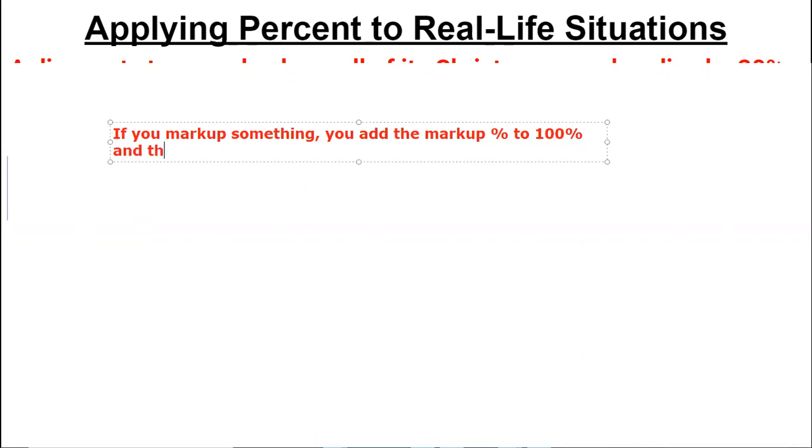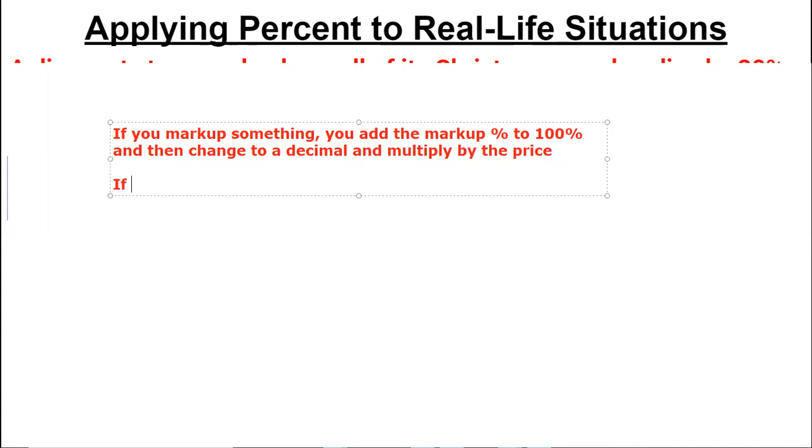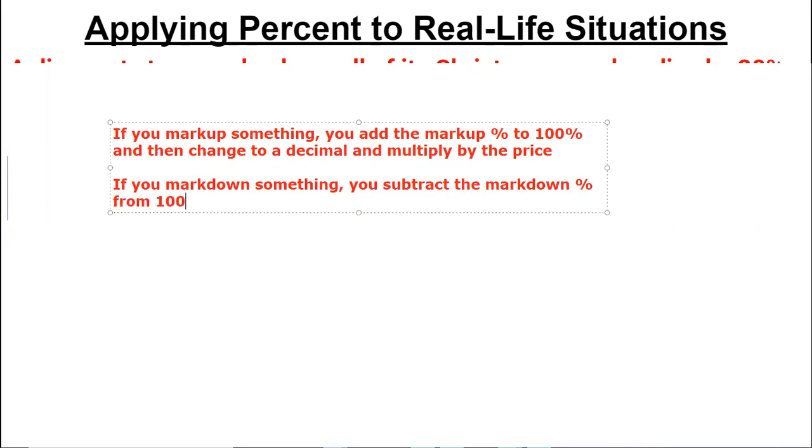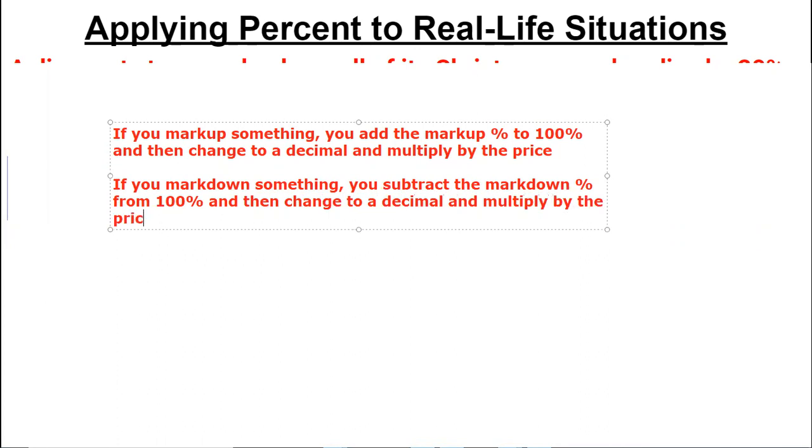Okay, and then change to a decimal and multiply by the price. If you mark down something, you subtract the markdown percent from 100% and then change to a decimal and multiply by the price. Okay, keep that in mind.